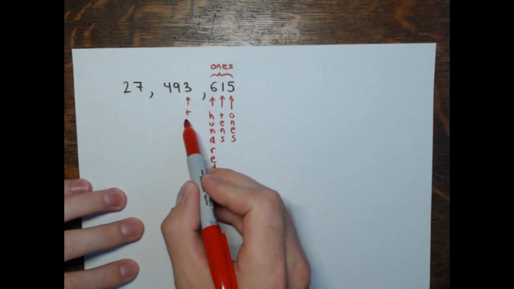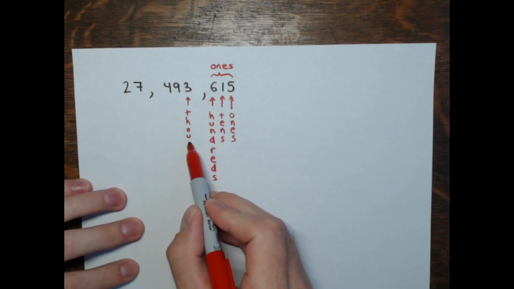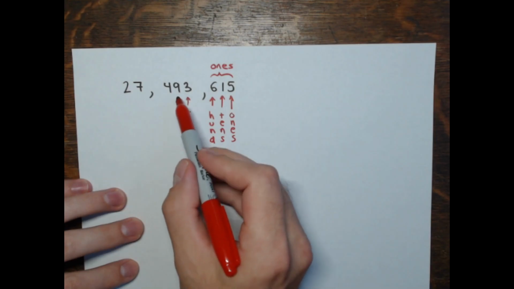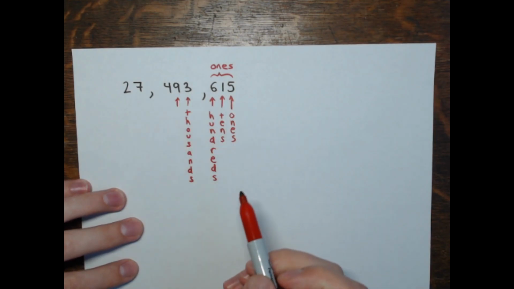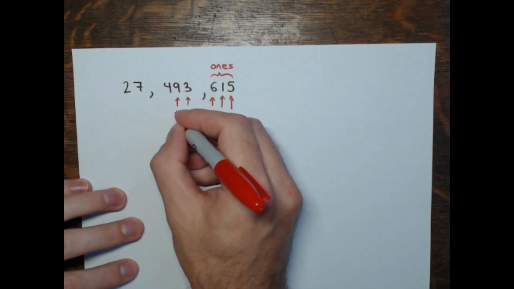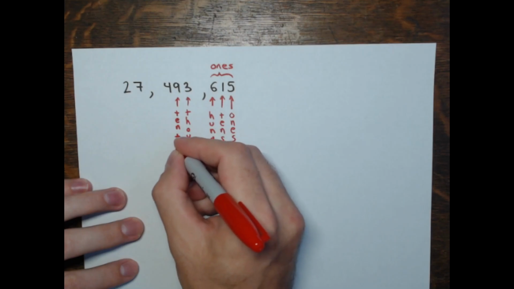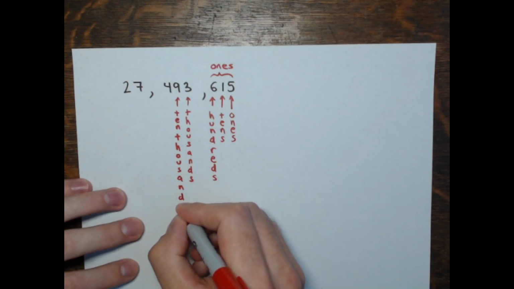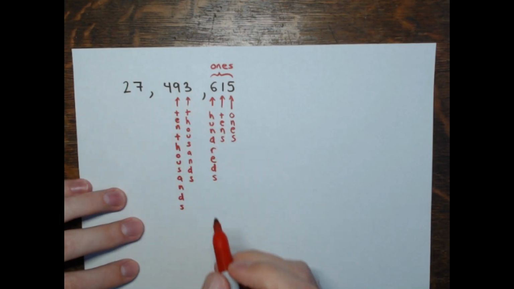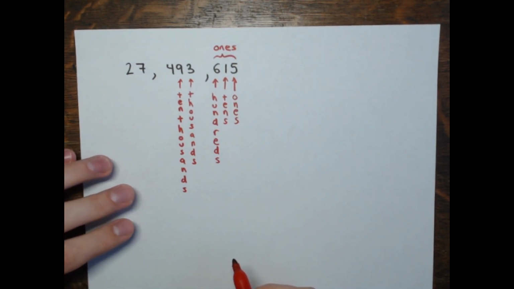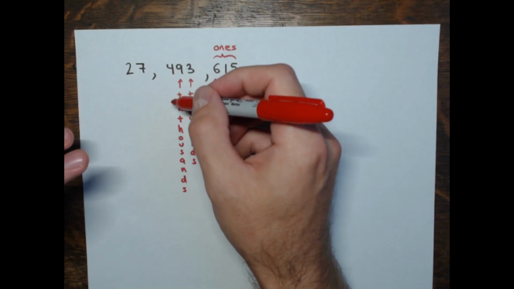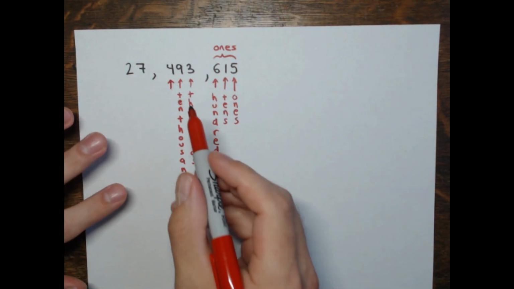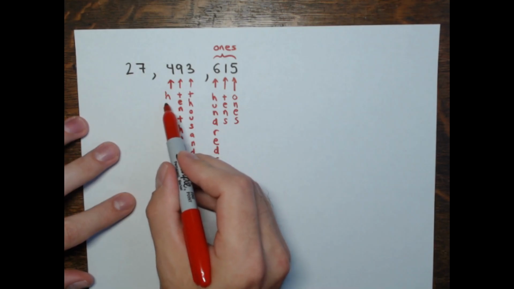So this is in the thousands place. Then 10 thousands is 10,000. So you have 9 in the 10 thousands place. And then 10 of those, well, remember 10 tens is 100, so 10 ten thousands is 100,000. So this 4 is in the hundred thousands place.